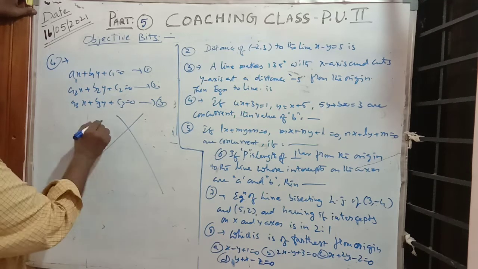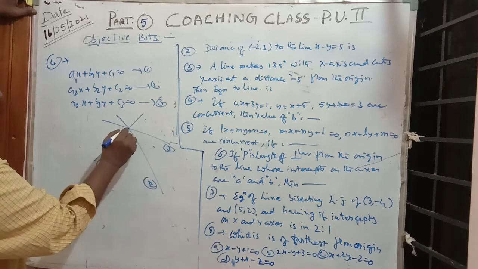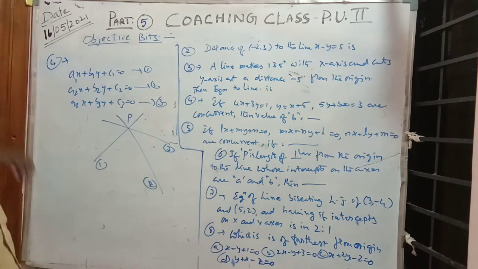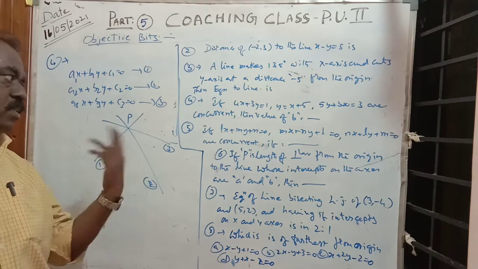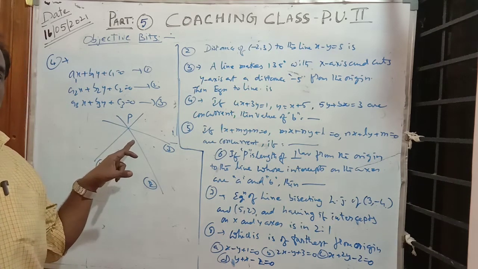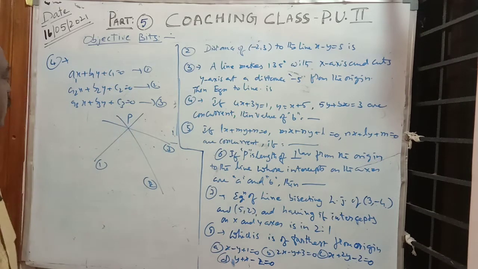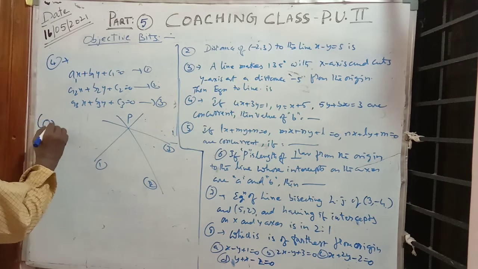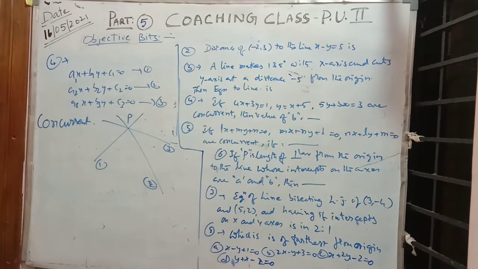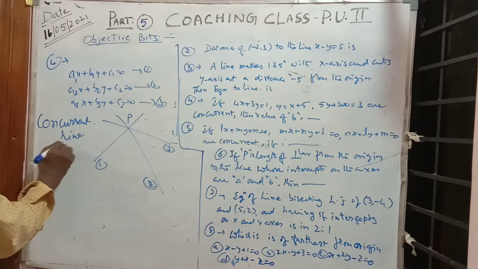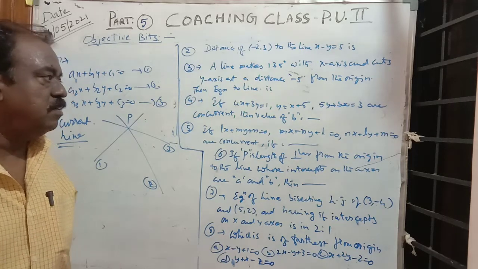If all the lines are passing through a common point, that is 3 or more than 3 lines passing through one point, then they are called concurrent lines. Like this here, 3 lines are given, they are concurrent.